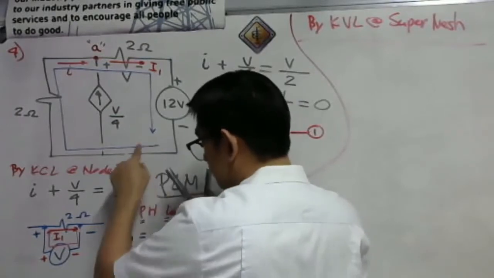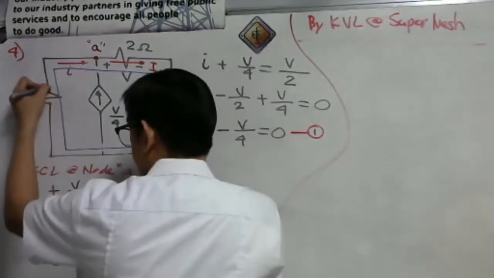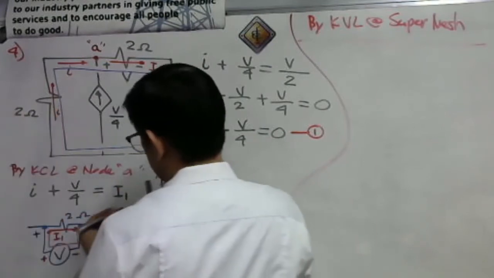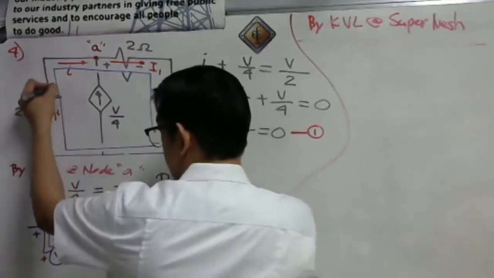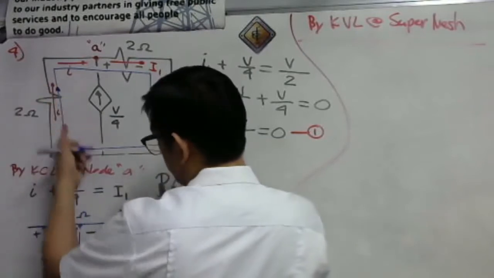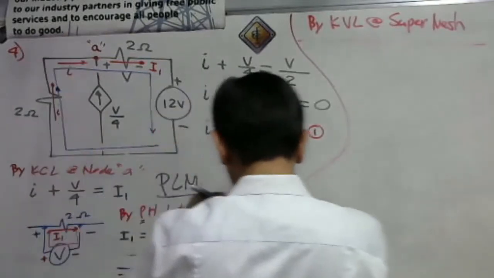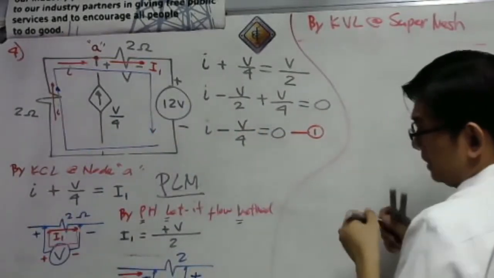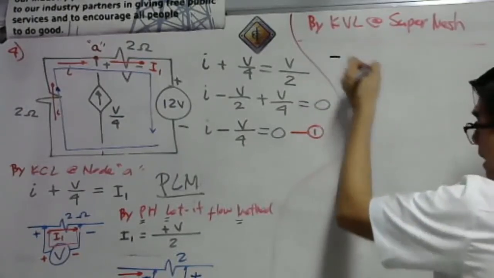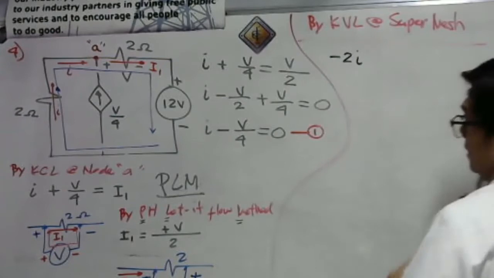Remember that this is current I, and the current I is also the current here. Looking at our circuit tracing, that is going upward also, so they have the same direction. We only have one direction, one line. So the voltage drop will be 2I.